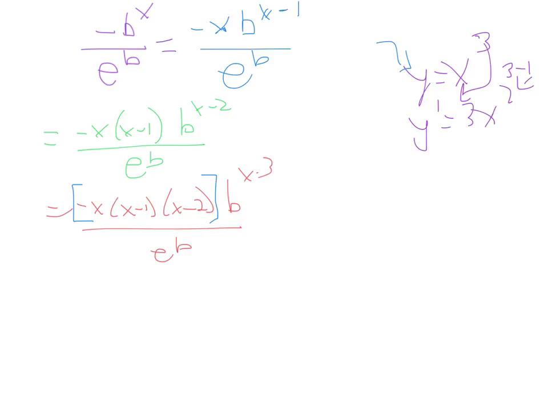And so eventually, if you do it enough times, you're going to end up with negative x factorial as the coefficient of the derivative of b to the x.